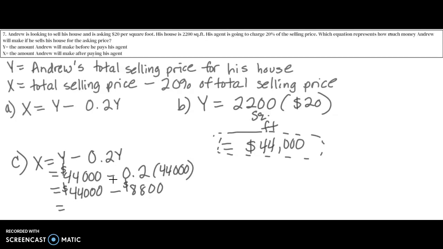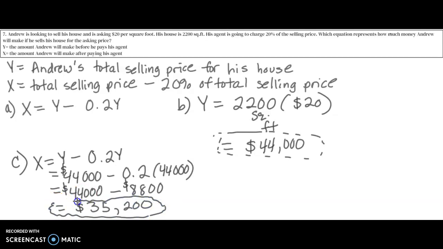Subtract that times 0.2 times 44,000, meaning 20% of 44,000, which is 8,800. So you subtract those two and you end up with 35,200.